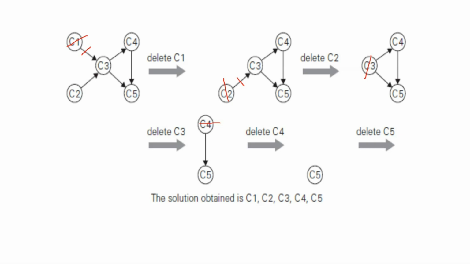Next we can see that C3 does not have any incoming edge, so we remove C3. When you delete C3, you are left with only C4 and C5. Next C4 will be removed and last you are left with C5. So what is the order of deletion? C1, C2, C3, C4, C5. This becomes a solution to the problem.